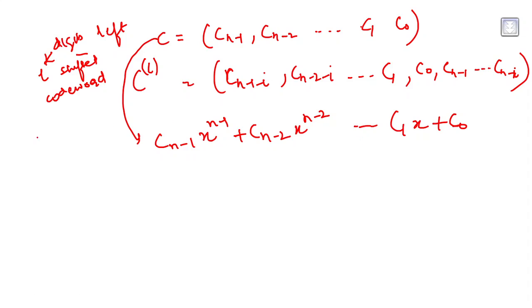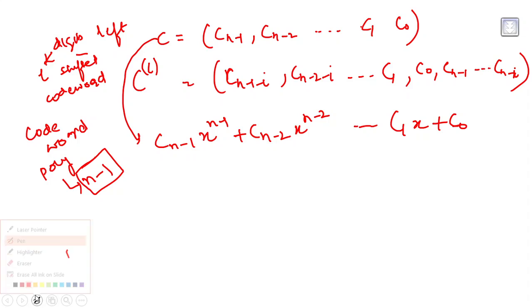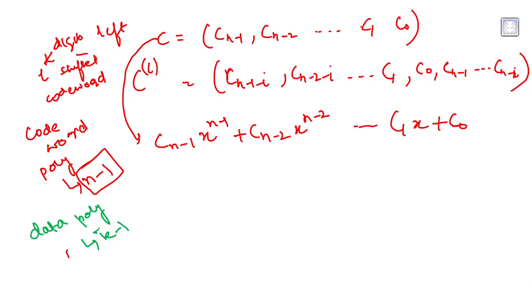So a code word polynomial will be of order n minus 1. Similarly, a data word polynomial will be of order k minus 1 if we are taking an n comma k code.